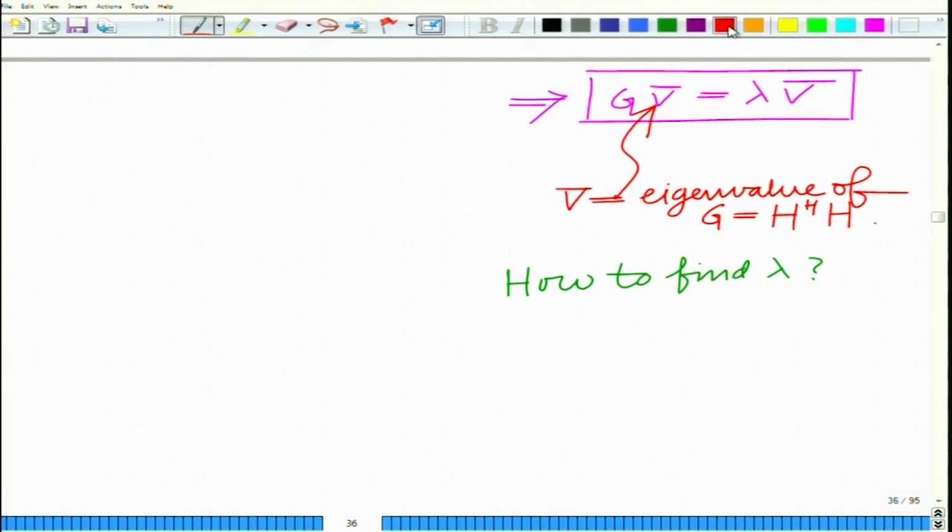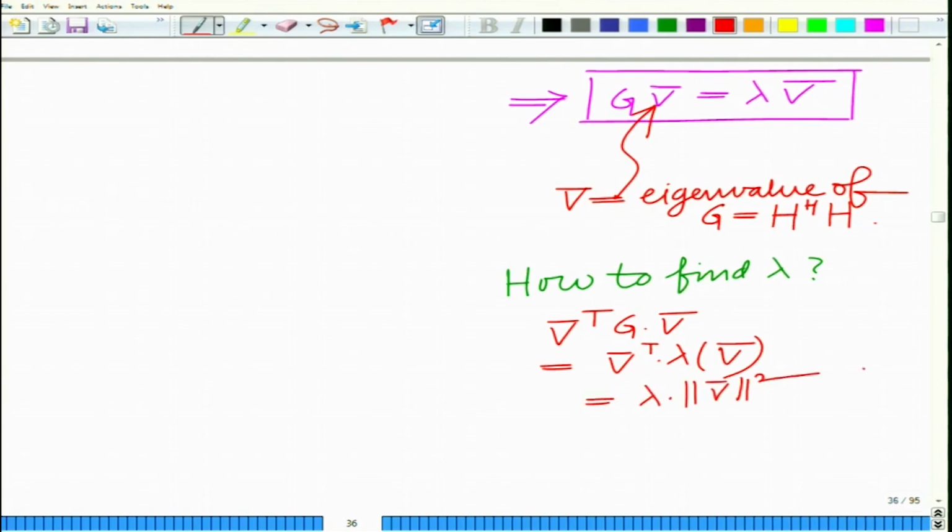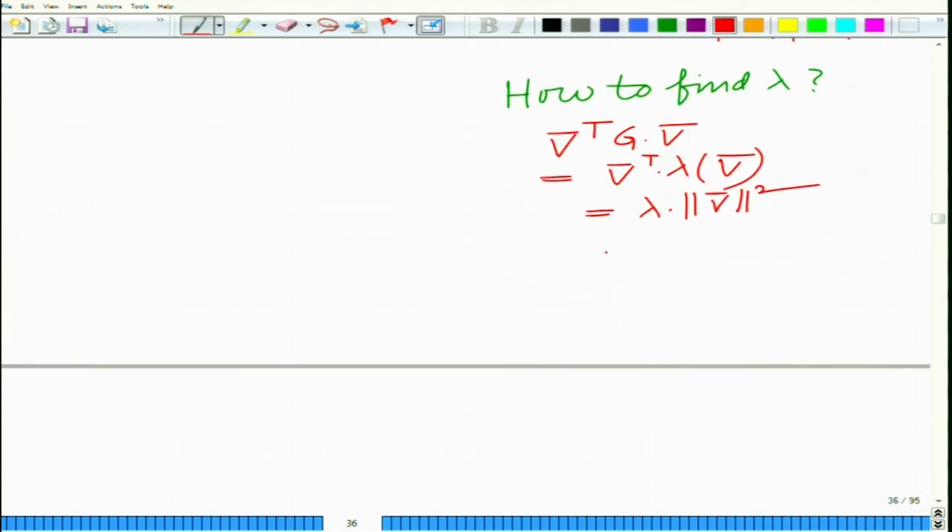So we can say that this will be V bar transpose G V bar. Now G V bar equals lambda V bar, so this becomes V bar transpose lambda V bar, which is lambda times V bar transpose V bar, which is lambda times norm V bar square, but norm V bar square is equal to 1, so this becomes lambda. So this is lambda and we want to maximize this.